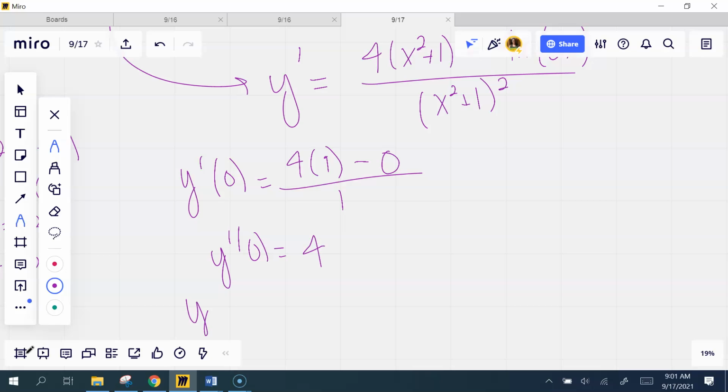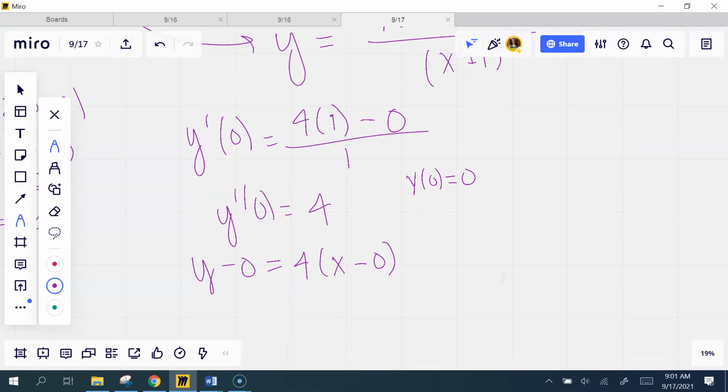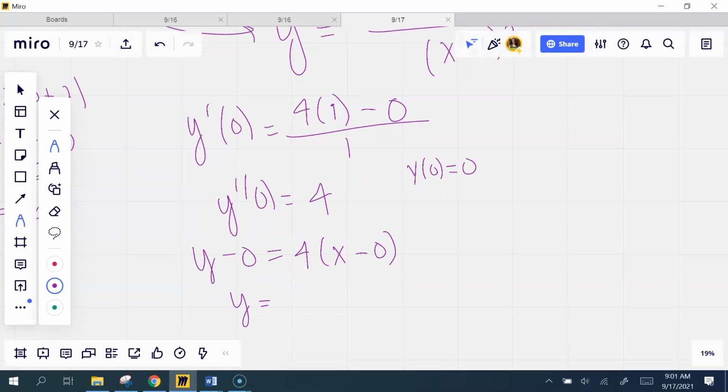Y minus 0 equals 4, it's point slope. So cleaned up, the tan line at the origin of this function is 4x.